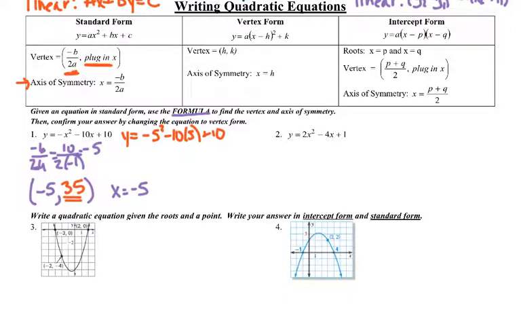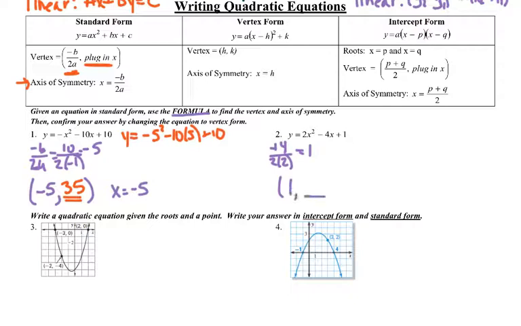For sake of room, I'm not going to show you the other way. I'll do that in the notes in class, but if we did it by changing the form, we would get the same vertex. If we did it on the calculator, we would get the same vertex. Trying it one more time here, the vertex is negative b, so the negative of negative 4 would be 4 over 2a, so that's 1.